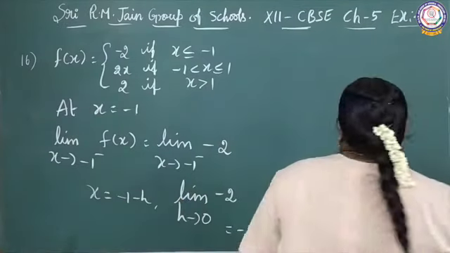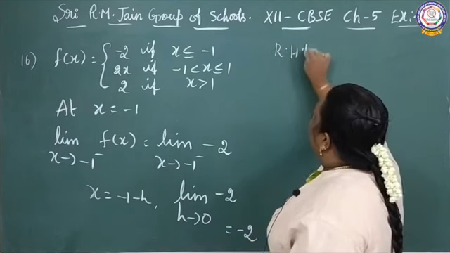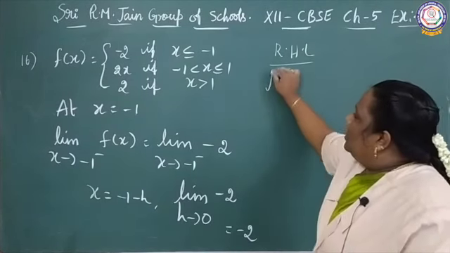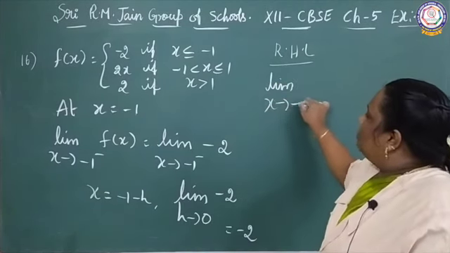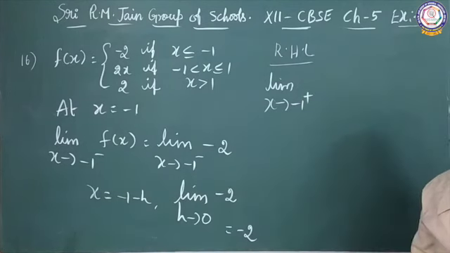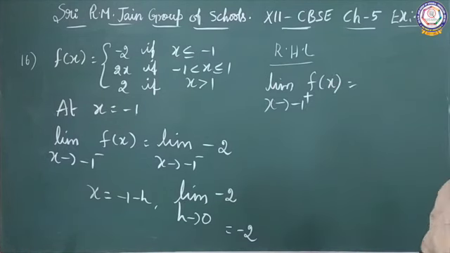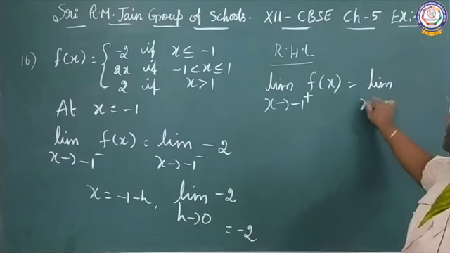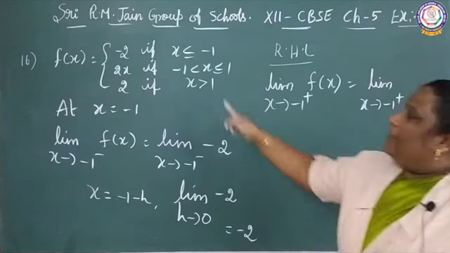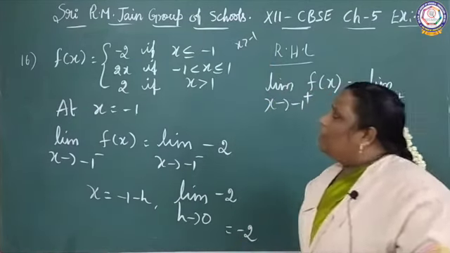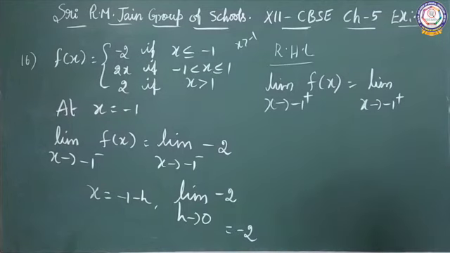Then you move on to the right hand limit at x equal to minus 1. Limit x tends to minus 1 plus of f of x. Here x is greater than minus 1, so you can take the value 2x.